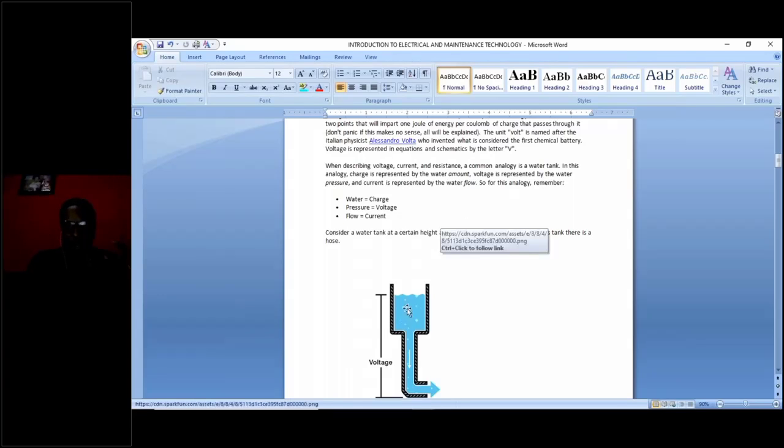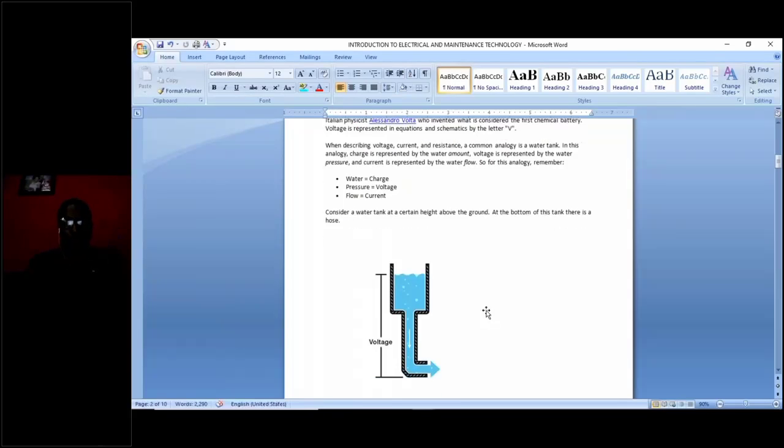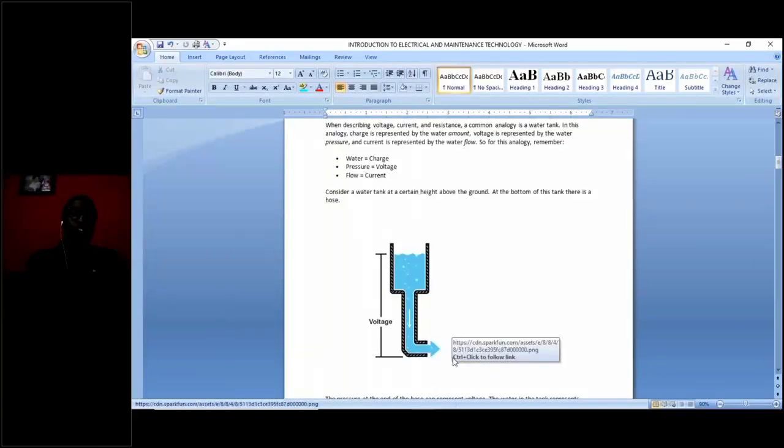So remember, the water is the charge, the pressure is the voltage, and the flow is the current. Consider a water tank at a certain height above the ground. At the bottom of this tank, there is a hose.